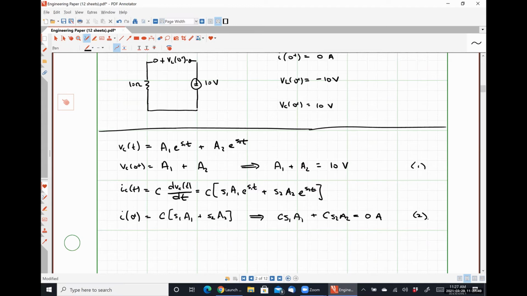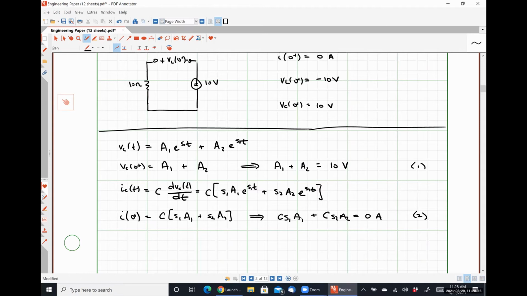So I'm going to set up this simple 2x2 system in my calculator real quick. I'm going to have 1 and 1 is equal to 10. And then here I'm going to have S1, which I have stored as variable A, and S2, which I have stored as variable B, equal to 0. Solve.